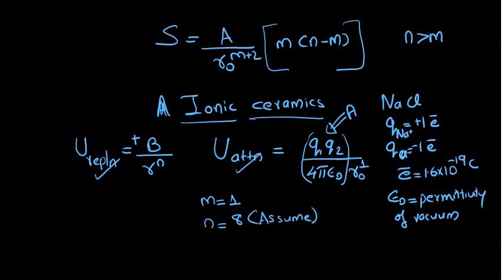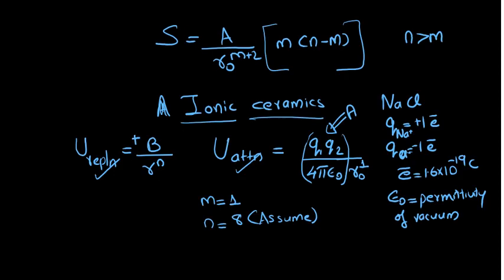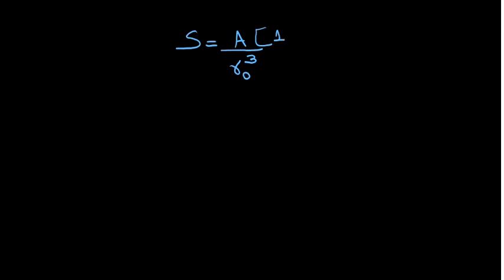What I will get is S is equal to, I will retain the a, r0 power m plus 2, right? m plus 2, so m is 1, so this should be 3, and the constant will be, I put m equal to 1 and n equal to 8, so 1 into 8 minus 1, that is 7. So 7a by r0 cubed.